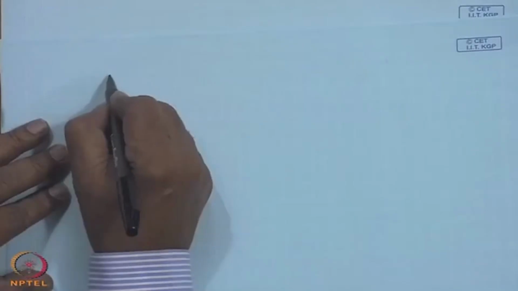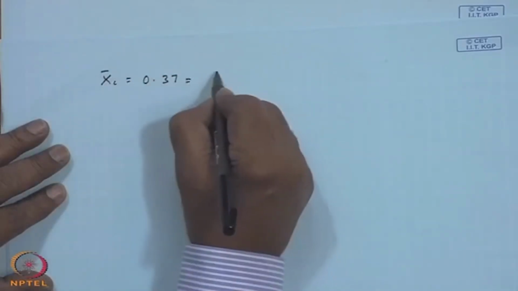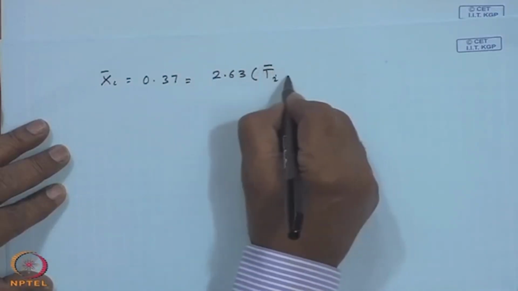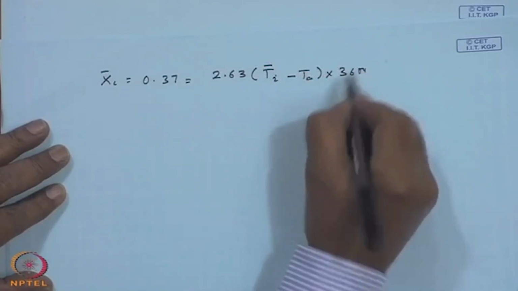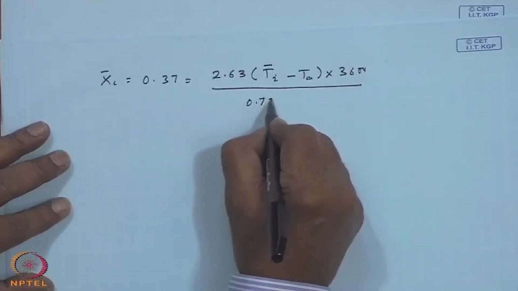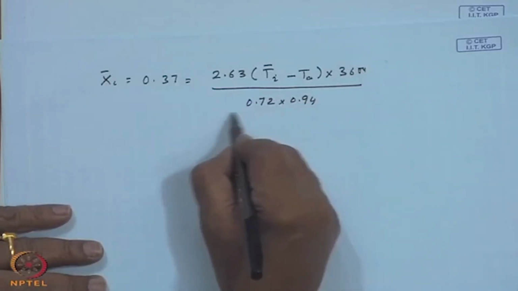So, this is caused by a certain temperature difference. I will not go about the roundabout way. X c bar is straightforward: equal to 0.37, equal to 2.63 into the suggested average inlet temperature minus T a, times the time unit, F r tau alpha normal, into tau alpha bar by tau alpha n.